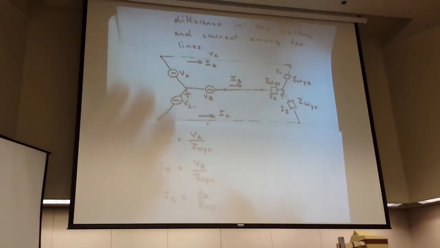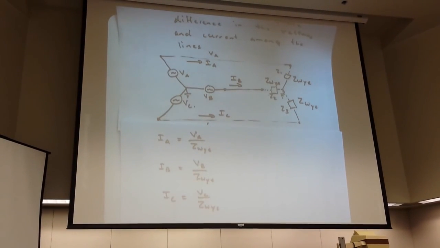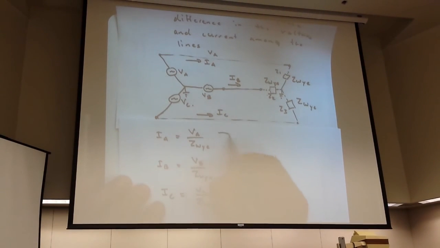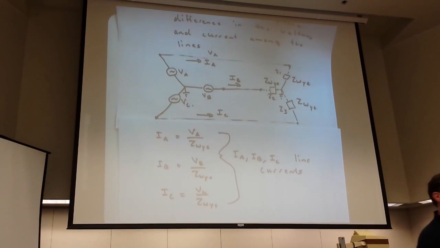Now recall, VA, VB, and VC are phase voltages. Just to make sure that things are confusing, IA, IB, and IC are line currents. So we have phase voltages associated with line currents.